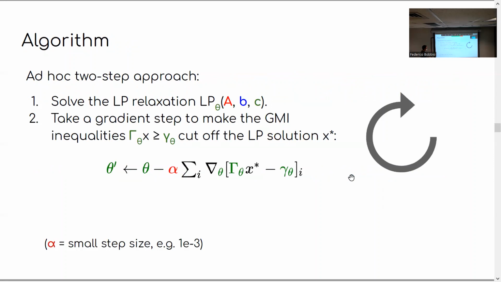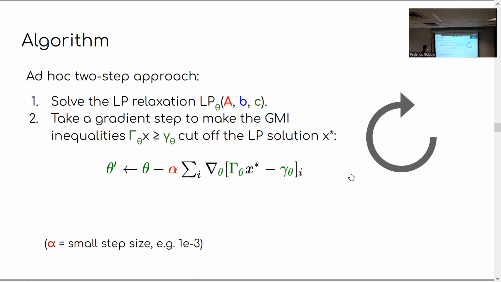You first solve the LP relaxation for given parameters. You might randomly initialize them, or maybe you start off at the values that the GMI separation algorithm gives you. And then you take gradient steps to make the cuts try to cut off the LP solution. You start moving the inequalities to make the LP solution point, which is feasible by construction, infeasible, so that you cut it off from the polytope.